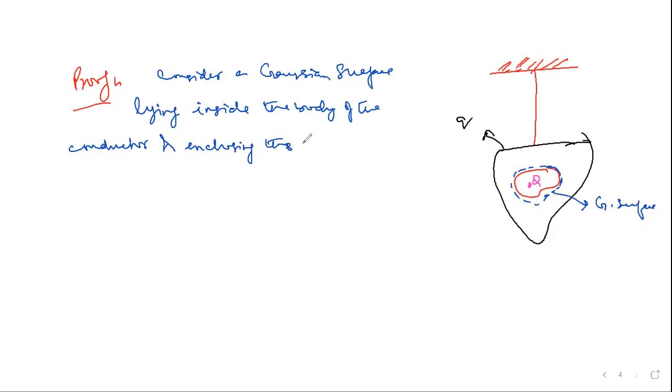When it encloses the cavity, it encloses the cavity walls. Is that understood? Consider a Gaussian surface lying inside the body of the conductor and enclosing the cavity.